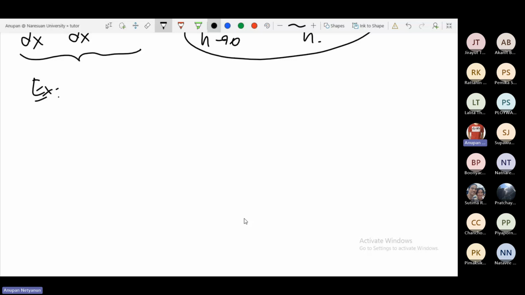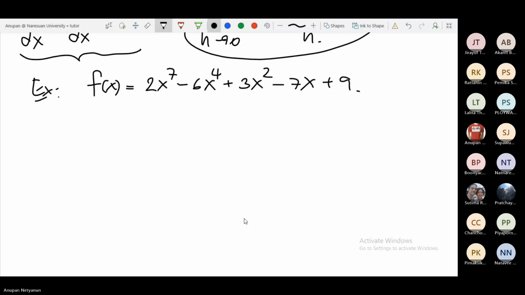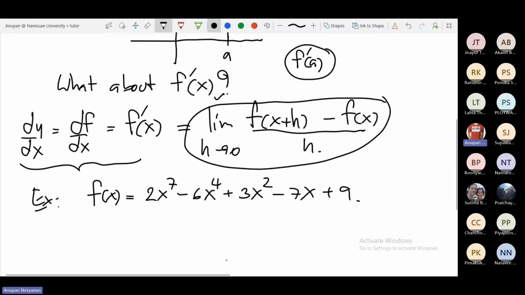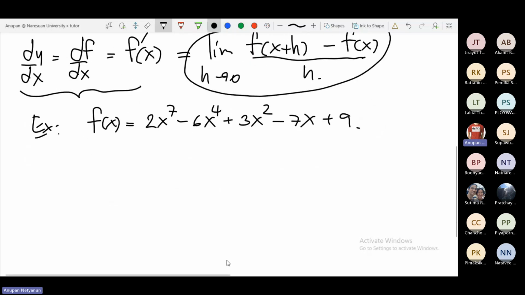Okay, let's say f(x) equals 2x to the 7 minus 6x to the 4 plus 3x squared minus 7x plus 9. I'm trying to use all of this notation, so you can be familiar with all of them, not just a particular one. So let me try to use this notation.